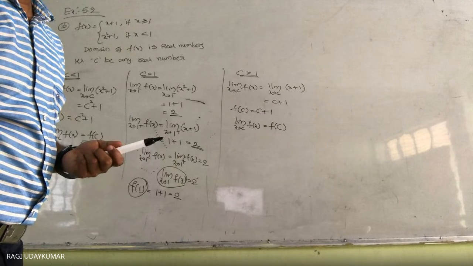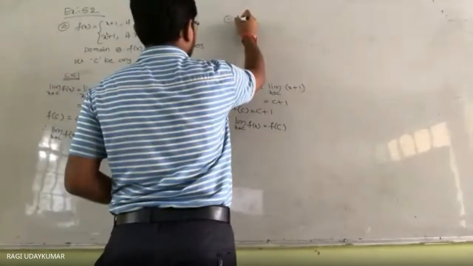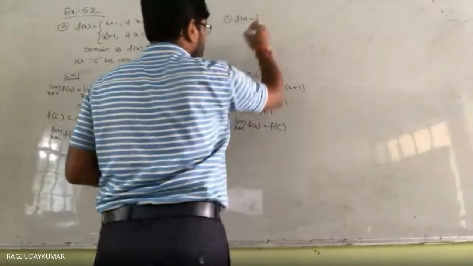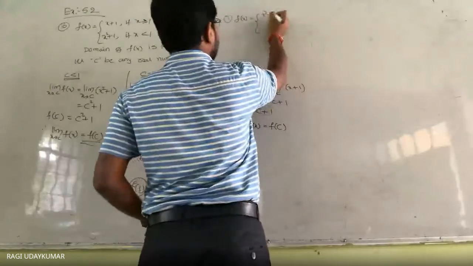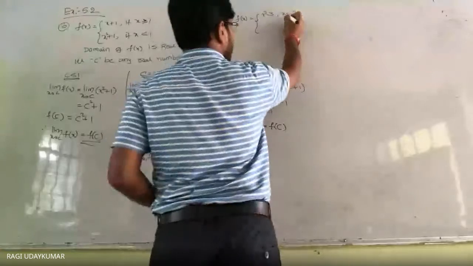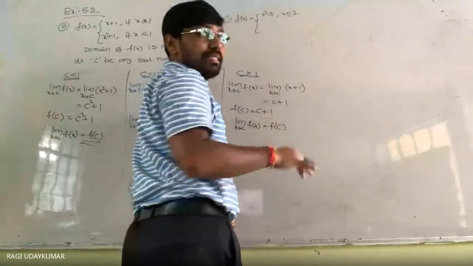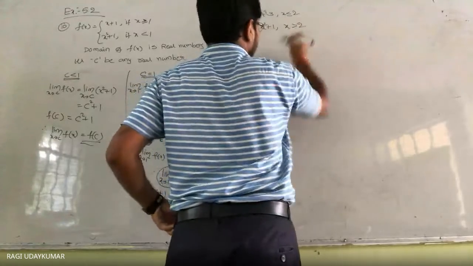Okay. So same way, whenever you take 11th problem, that also you can prove here. It's not very difficult to you. I think you can do it. F of x is equals to the function is given to you. Here itself I will explain. x cube minus 3 if x is less than or equals to 2, x square plus 1 if x is greater than 2.